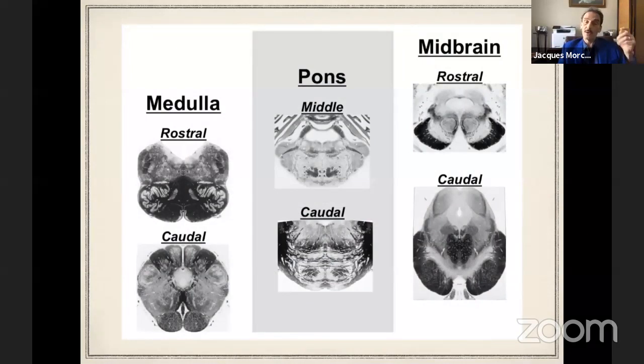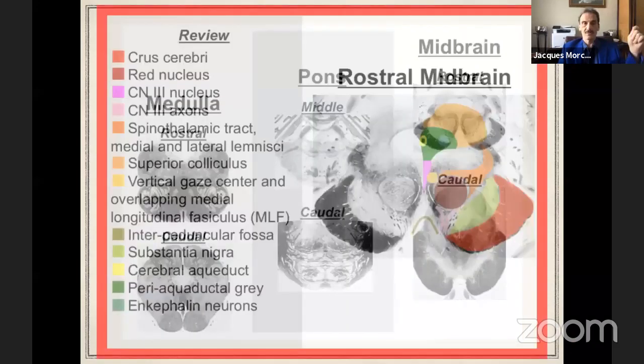So let's talk about rostral and caudal in each of those: medulla, pons, and midbrain. As you can see from these anatomical cross-sections, they have pretty classic appearances. No two of them are alike, and let's go over each one of them.